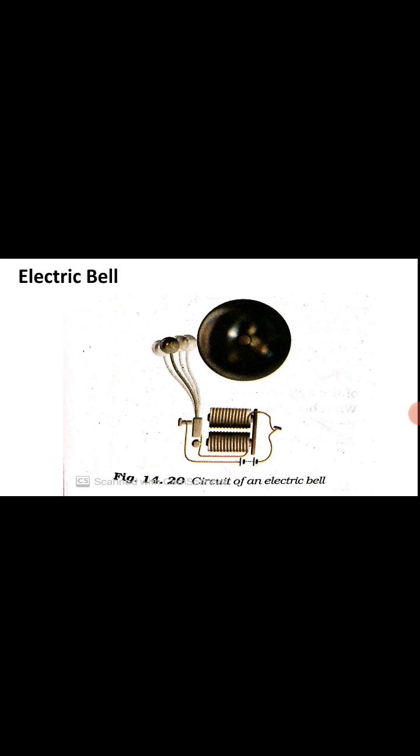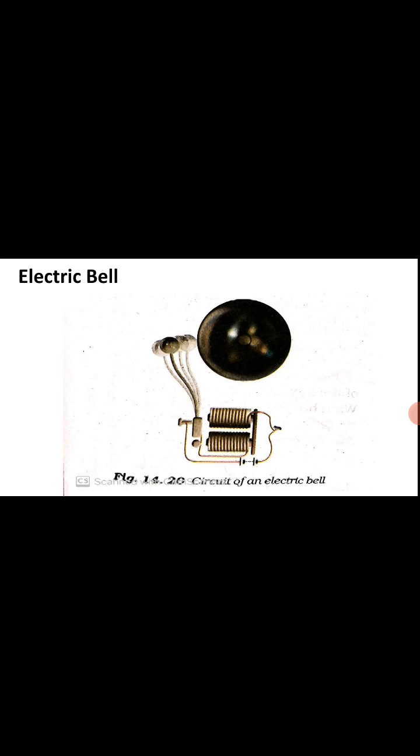The coil acts as an electromagnet. An iron strip with a hammer at one end is kept close to the electromagnet. There is a contact screw near the iron strip.